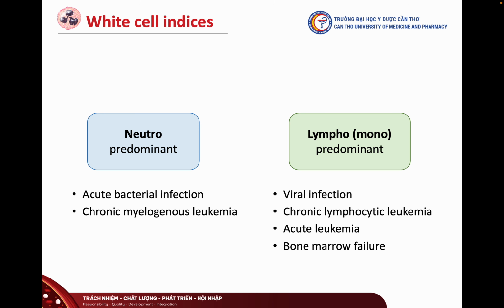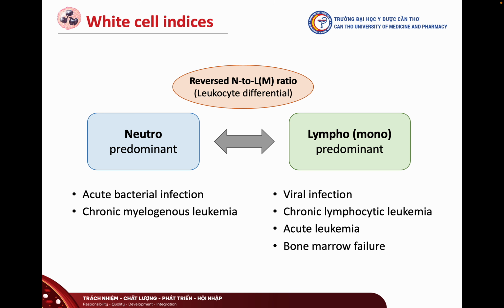But remember, not all reversed neutrophil to lymphocyte ratios mean the same thing. Let's highlight 2 important points. First, in viral infection or CLL, lymphocytes are truly increased. That's why the ratio flips. But in bone marrow failure, it is a different story.